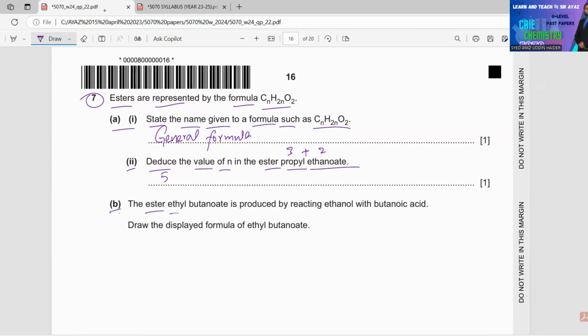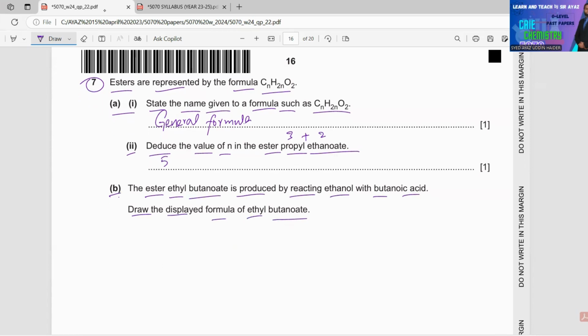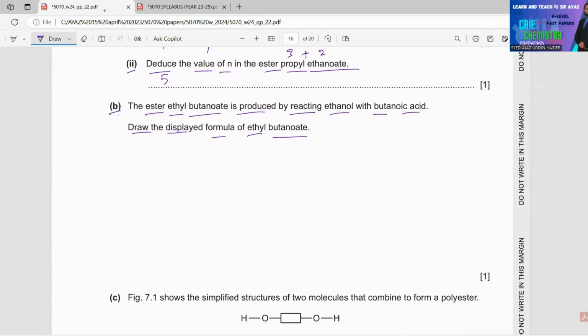B: the ester ethyl butanoate is produced by reacting ethanol with butanoic acid. Draw the displayed formula of ethyl butanoate. So we have ethyl coming from ethanol. The ethyl group must be this, 1, 2, and it's attached to butanoate through this ester linkage.